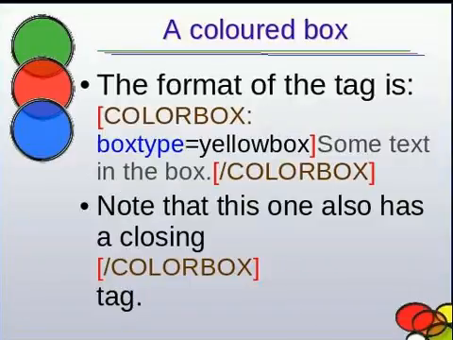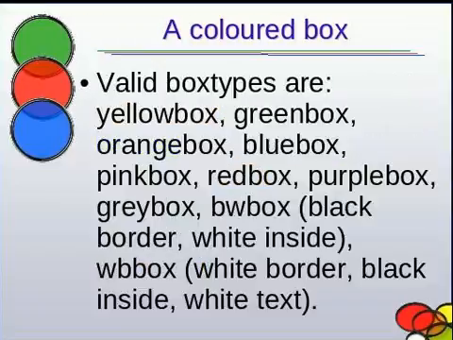The format of the tag is square bracket, color box, colon, box type equals, and then whatever kind of box it is, yellow box, red box, blue box, and then some text that will go inside the box, and then a closing tag, which has got a square bracket slash color box close square bracket. So that's the color box closing tag, and that will produce text in a box.